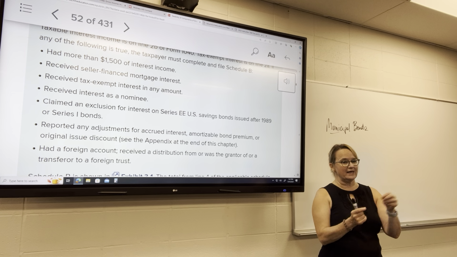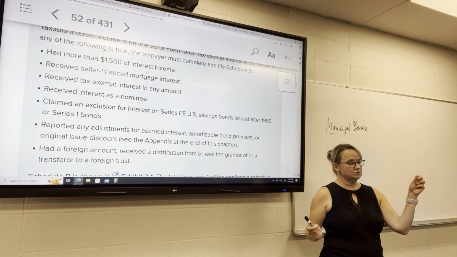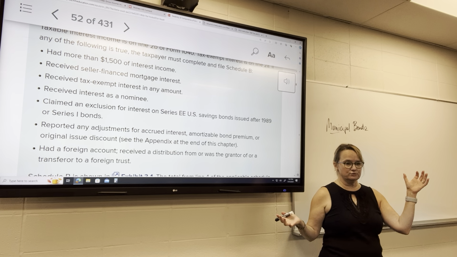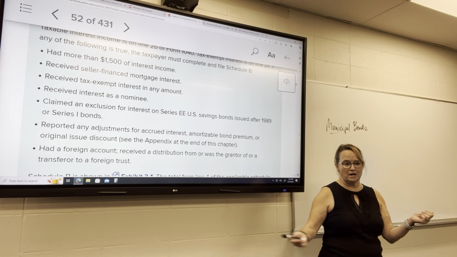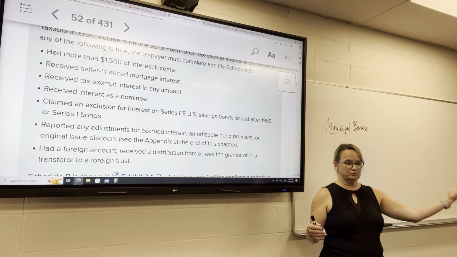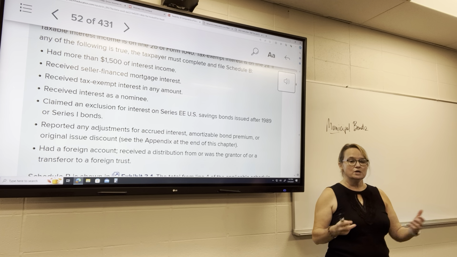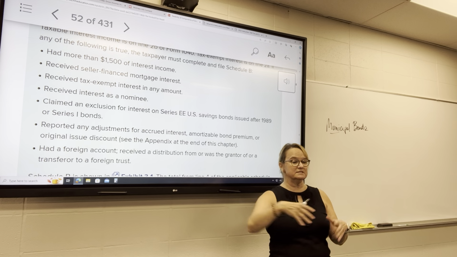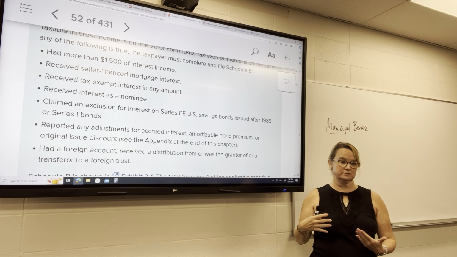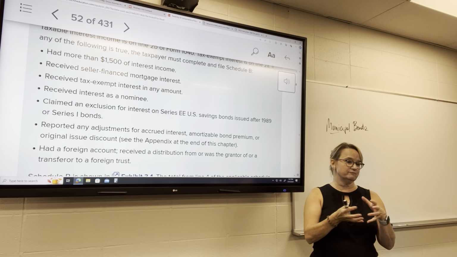But you both share that interest. So you earned $2,000 of interest, your mom got $1,000, you got $1,000. Well, it's not really fair that your mom paid tax on all $2,000 just because it's under her social security number. So if you are a nominee, it means that it was reported under a different social security number, mostly for shared assets like that. If that happens, you have to fill out Schedule B.